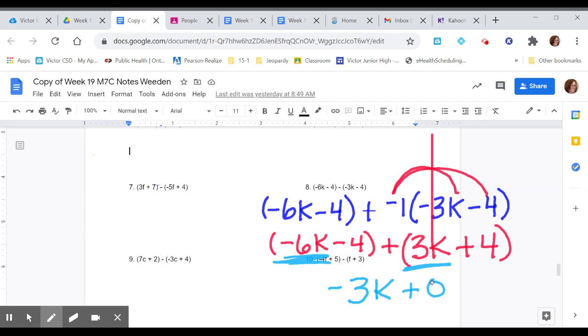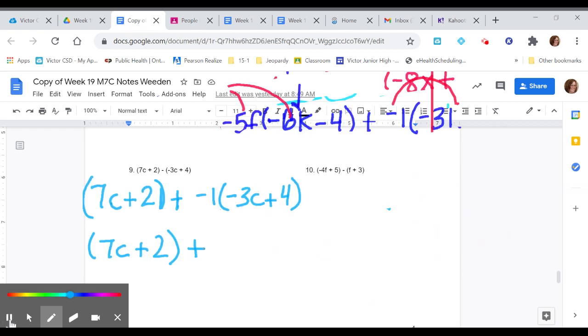Or you could just leave that off, and your answer is just negative 3k. Same thing. So again, I changed my subtraction to plus a negative, and now I'm going to distribute my negative 1. Again, sometimes that's called distribute the negative, so you don't have to write the 1 there. If you're having trouble, it just makes it more visual for you.